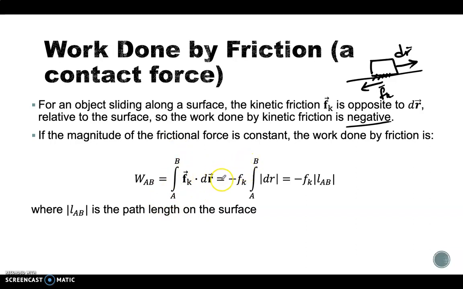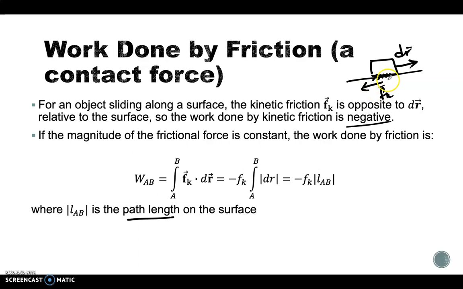That is negative F sub k times the integral from A to B of the magnitude of dr. When you take the integral, you get the magnitude of L from A to B, which is your path length on that surface.